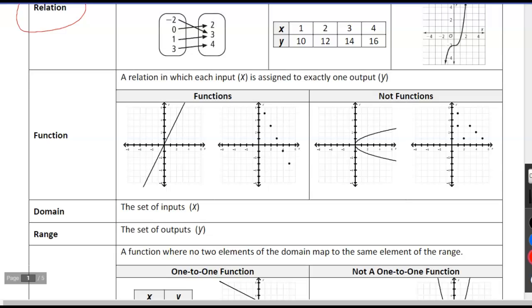If I made a table like this, I would never have 2 come up, and in this example it's 4, but if it were to show up again and you would have 2 again on the x side, that's when it's not a function.